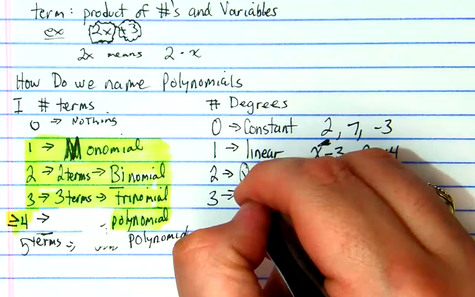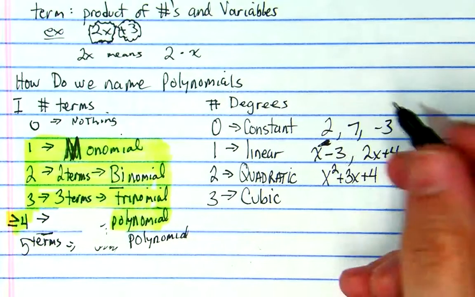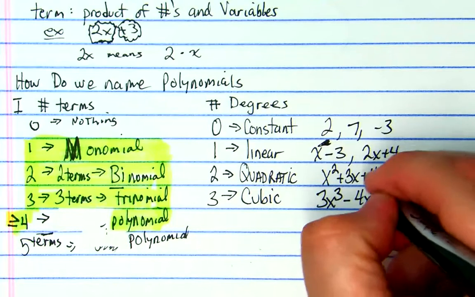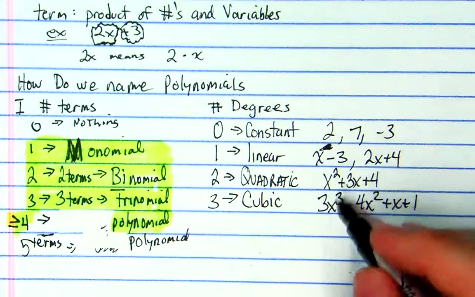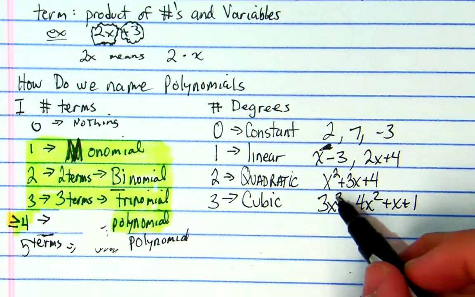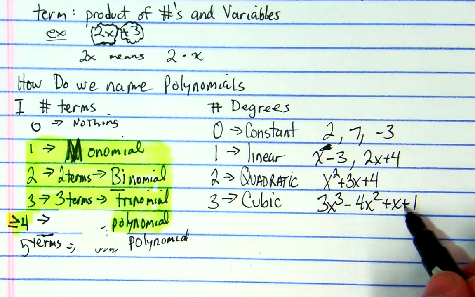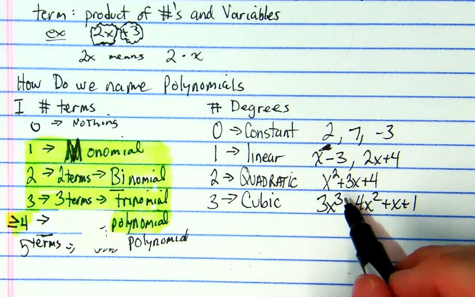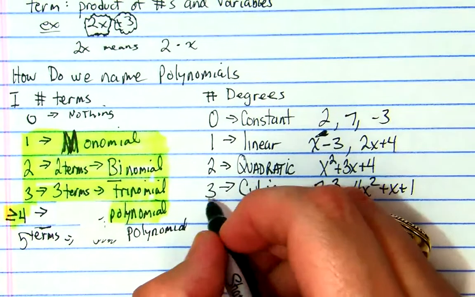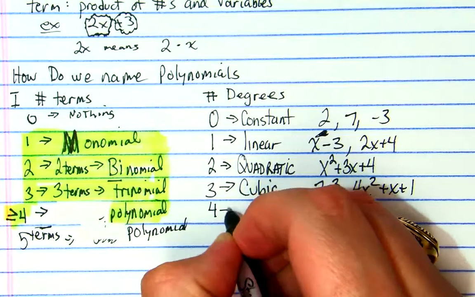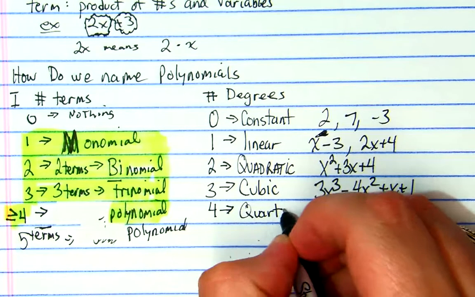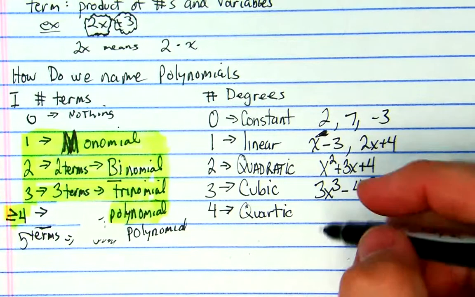Degree 3 is cubic. So if you have 3x cubed minus 4x squared plus x plus 1, the leading term has a power of 3. That's the highest. It's going to dominate everything else. It's going to give us the shape of the graph. We know it's cubic at that point. Now degree 4 is called quartic. It's not used that often, but it's good to know.